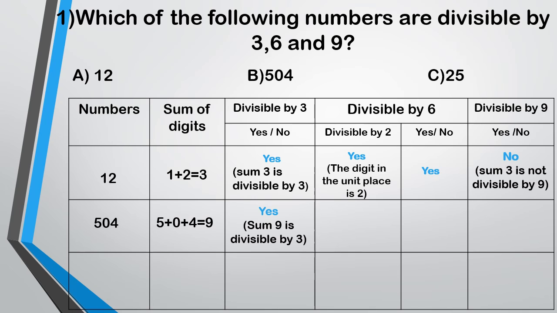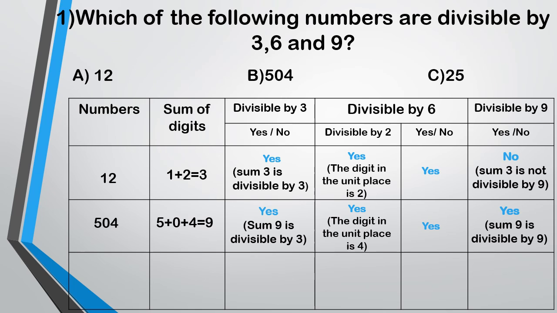Look at the last digit, the number in the unit place, 4. 4 is an even number, so it is divisible by 2. So 504 is divisible by 3 and divisible by 2, so it is divisible by 6. Now the sum of digits is 9, and 9 is divisible by 9.